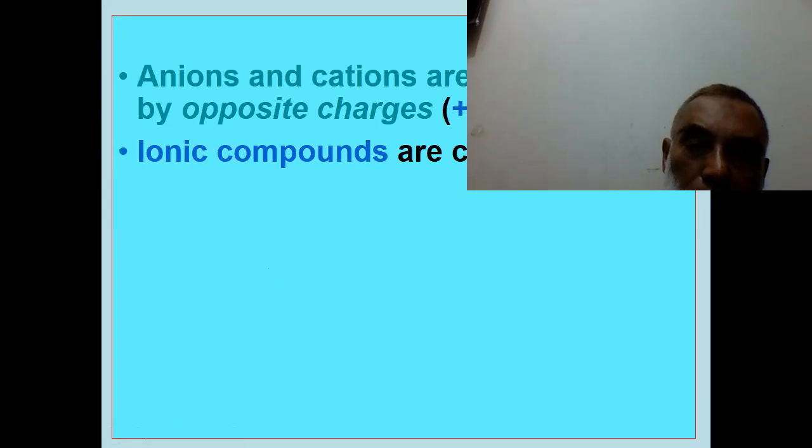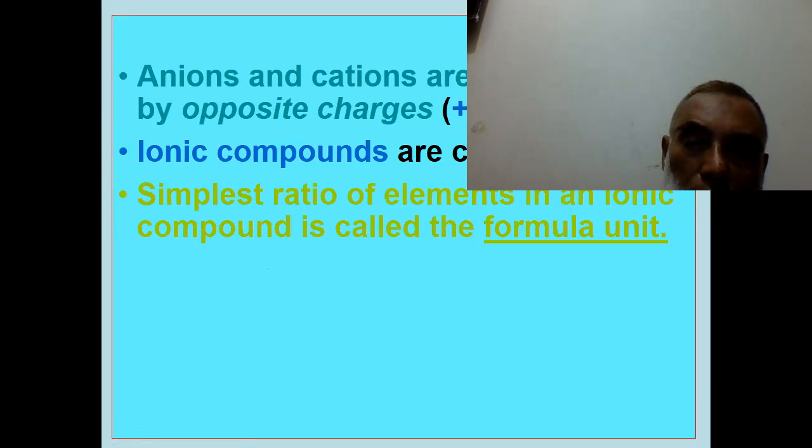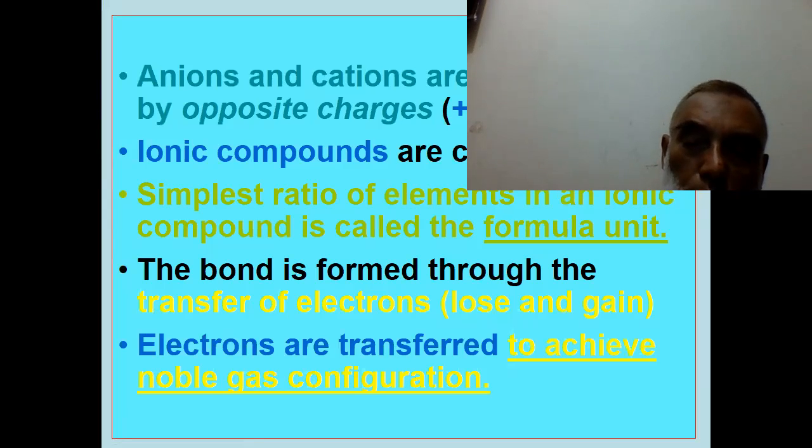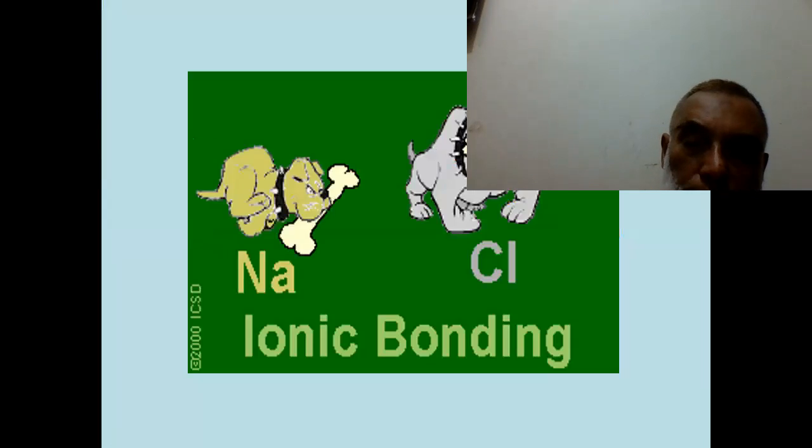Ions, the cations from metal and negative ions from non-metal, are attracted to each other and form ionic bond. The bond is formed through transfer of electron. In case of your ionic bond, electrons are transferred to achieve noble gas configuration.